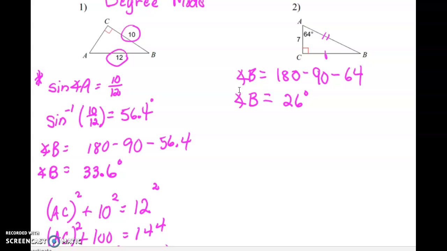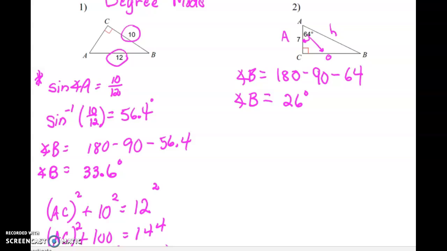All right, notice that in relation to the angle that's been given, in relation to the 64-degree angle, 7 is the adjacent leg. BC is the opposite leg, and AB is the hypotenuse. So I like to identify the sides.